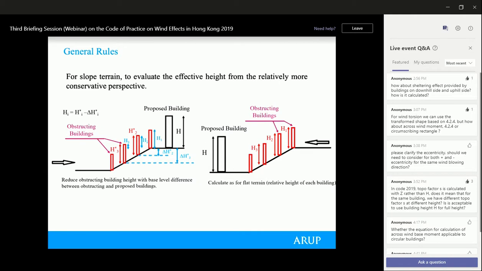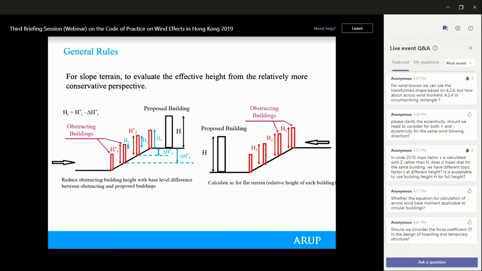In the code, we have used a more conservative approach to interpret the building heights of the surrounding buildings, in order to more conservatively calculate the reduction due to the sheltering effect. You may refer to the graph in this PowerPoint, which is on page A2 of the explanatory notes.